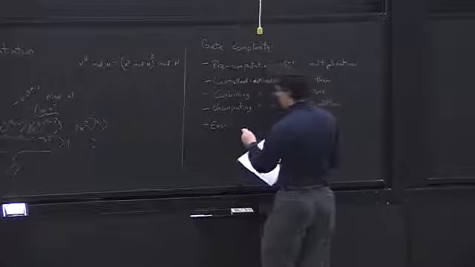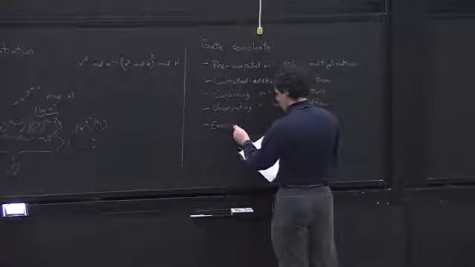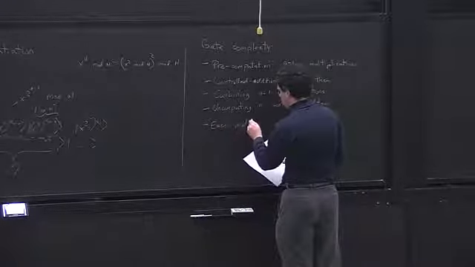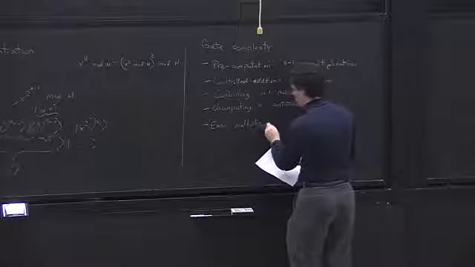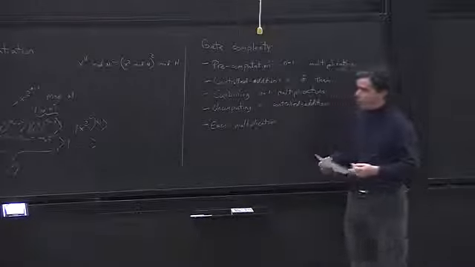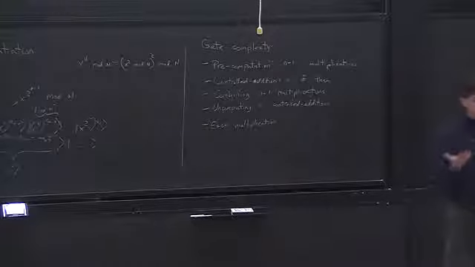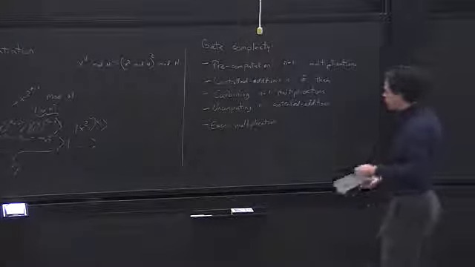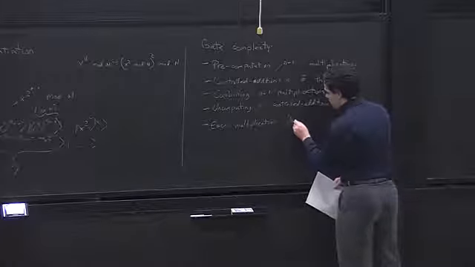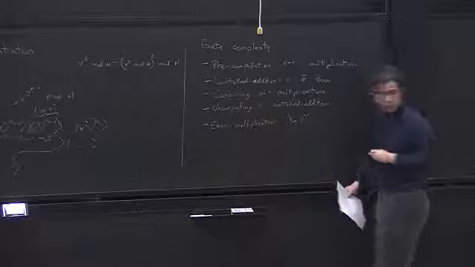If you use standard long multiplication, we're multiplying together numbers that have log n bits, so we have to take basically all pairs of bits and then add all of that up. So that takes a time that's log n squared.